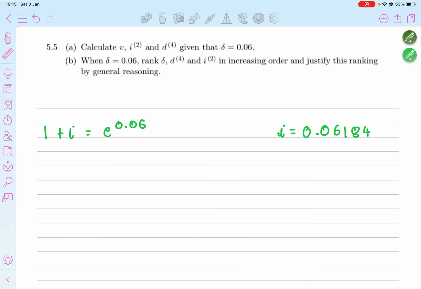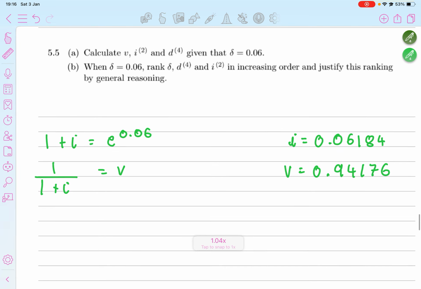Okay, so now we have i. So what it wants, first of all, is v, and the relationship between v and i is 1 plus i is equal to 1 over v. So just do 1 over 1 plus answer. So v is equal to 0.94176.